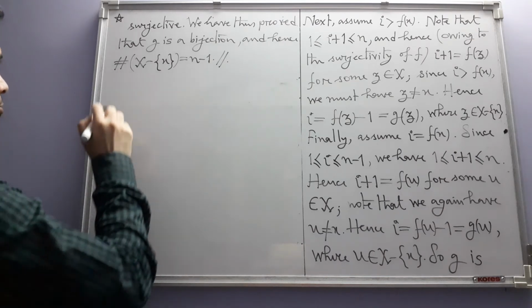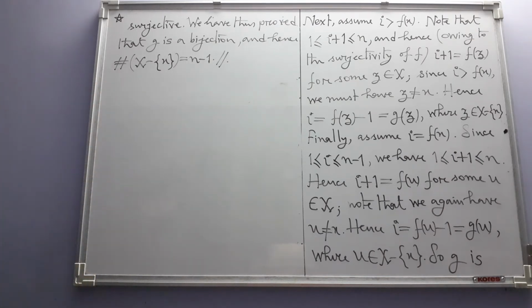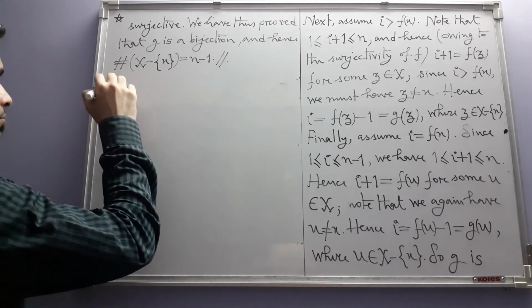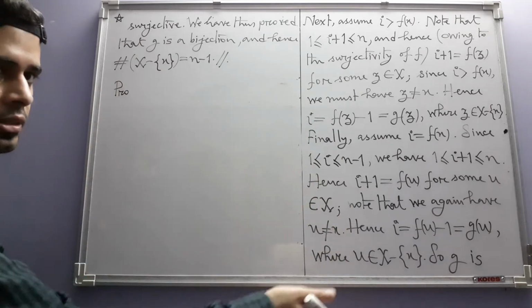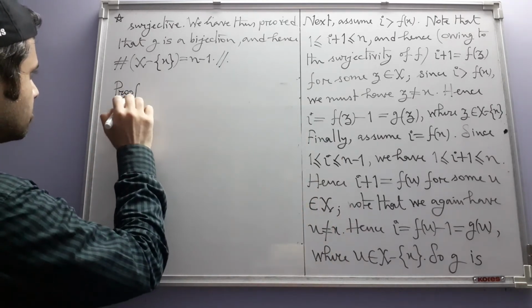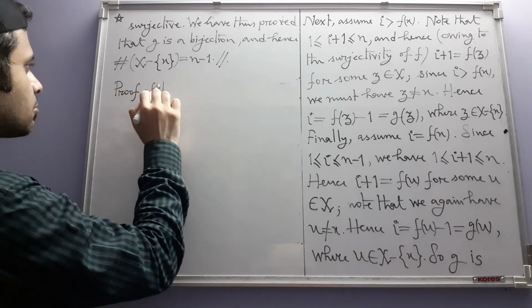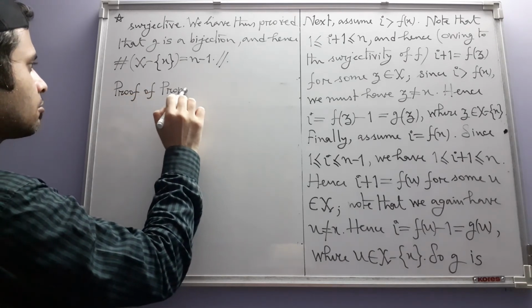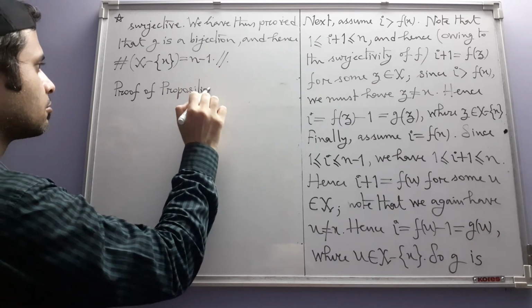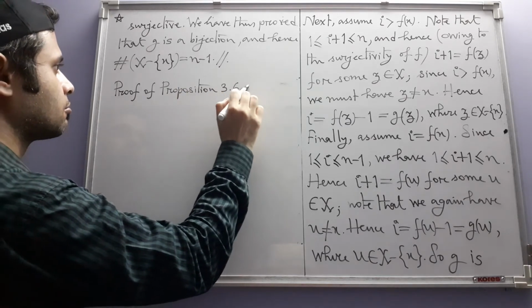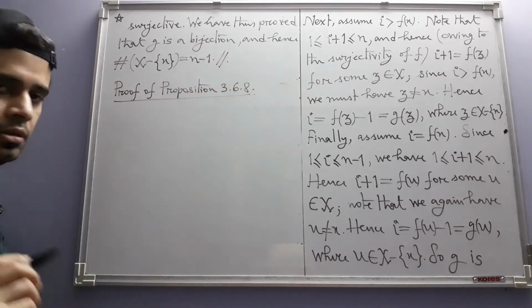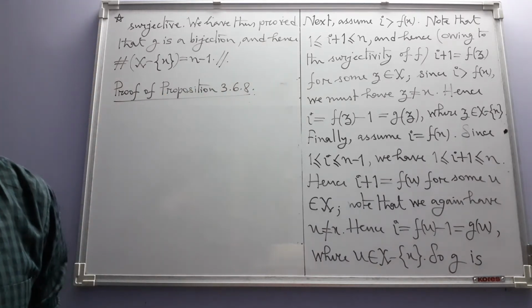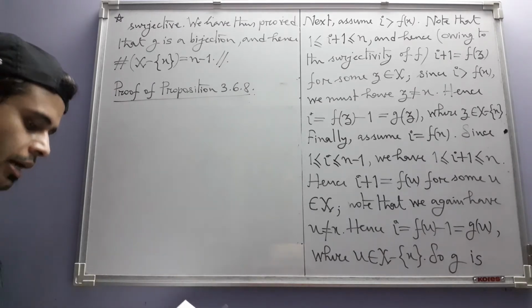Now we come to the proof of the actual proposition, and that is proposition 368. We postponed the proof because we needed this lemma. So let us just quickly recall what the proposition was.